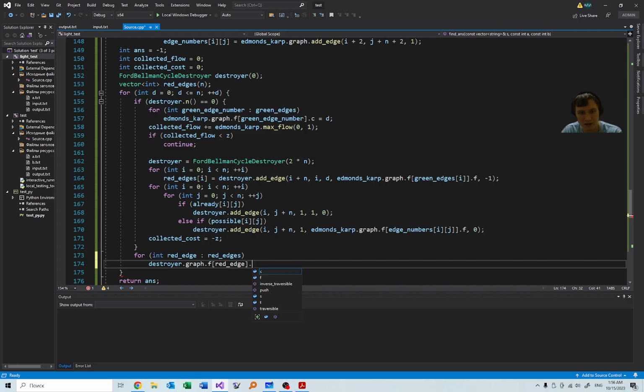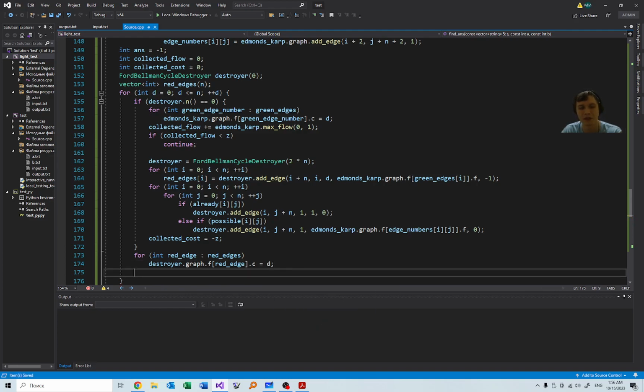I look into the red edge, I look into its capacity, and I say that it is D now. After that, I need to find the collected cost. Destroyer dot min cost circulation.